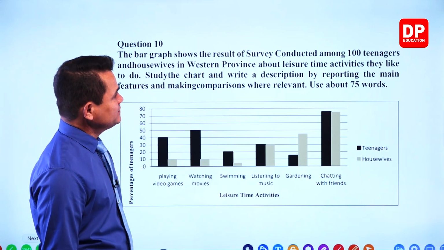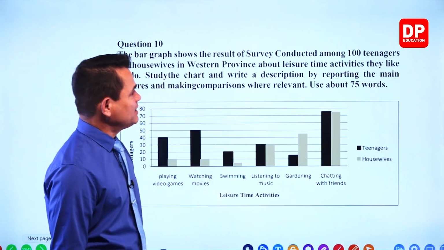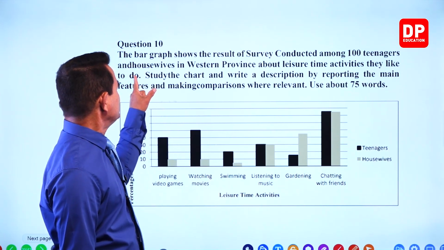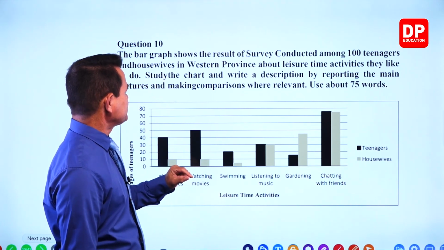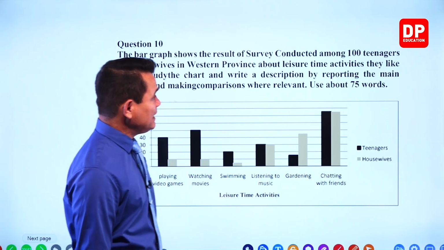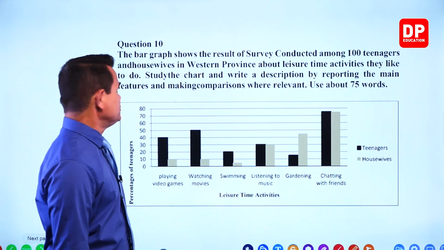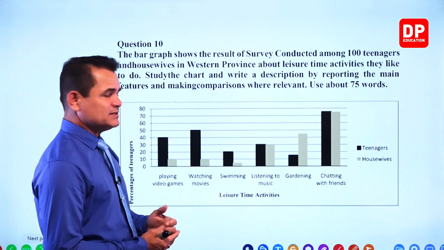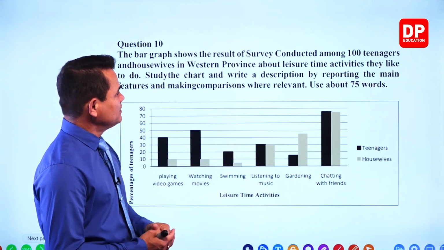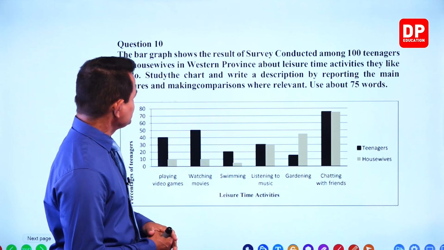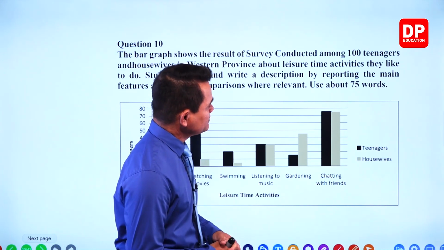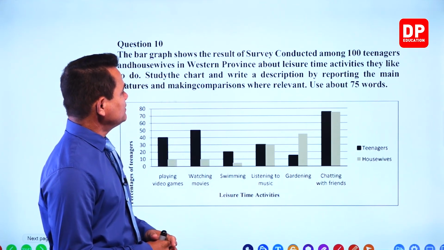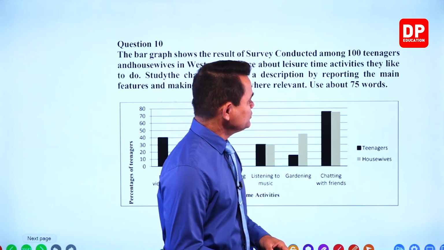Teenagers ලා 100ක් ගෙන් කරපු result එකක් and housewives in Western province about leisure time activities they like to do. ඒගොල්ලෝ කැමති leisure time activities පිළිබඳව මේ survey එක කරලා තියෙන්නේ. Study the chart and write the description by reporting the main features and making comparisons where relevant. Use about 75 words.